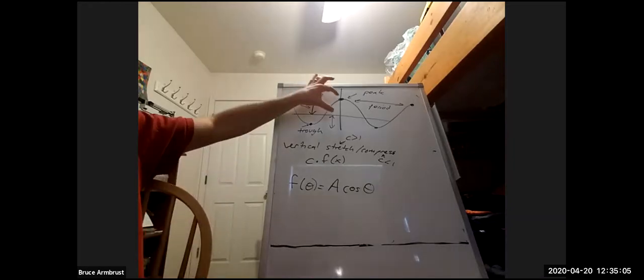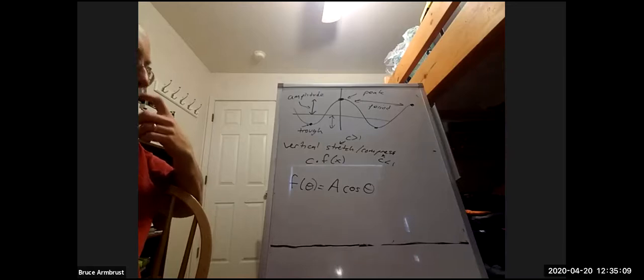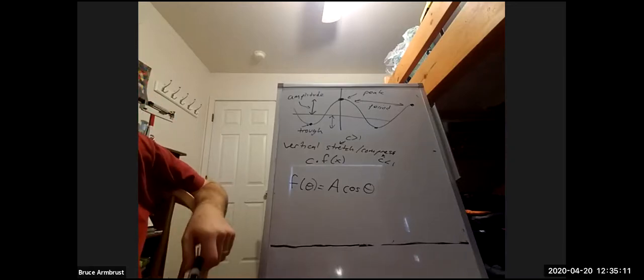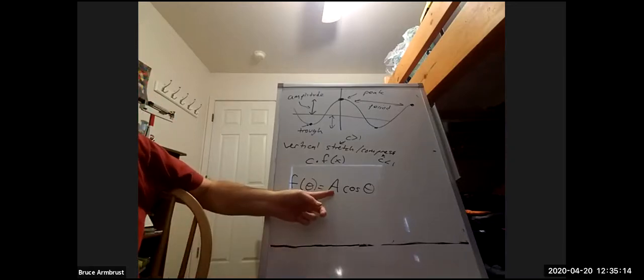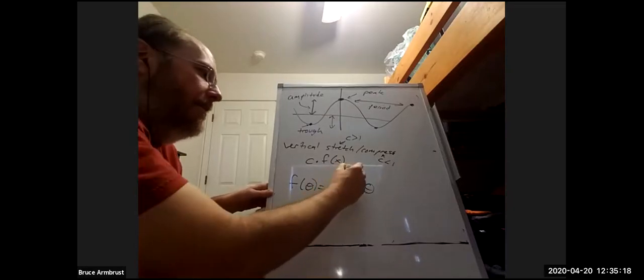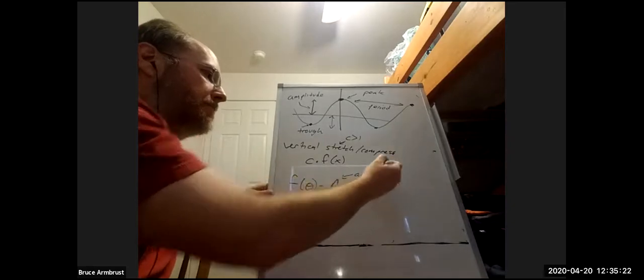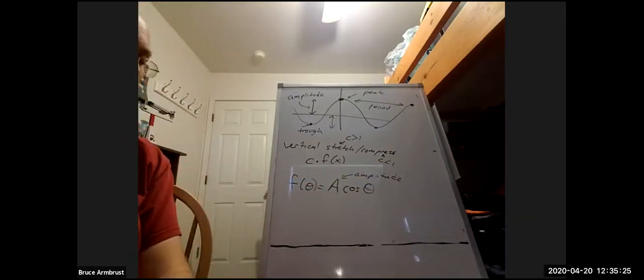And notice that that distance, that y-coordinate, is actually the amplitude. So if I multiply cosine or sine by a number, I'm changing the amplitude. And that's why we usually use the letter a here, because this is going to be our amplitude. So we'll see some examples where we change that number and what it does to the graph. But that's going to change our amplitude. It's going to change how far we go up and down.